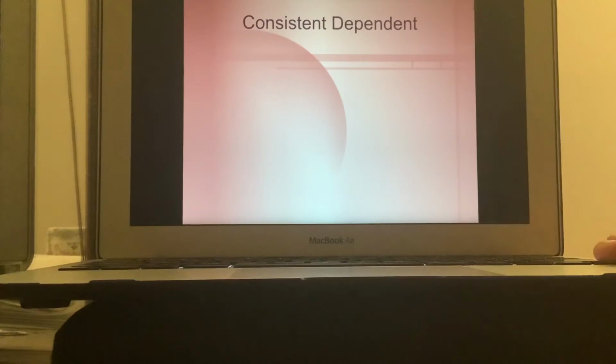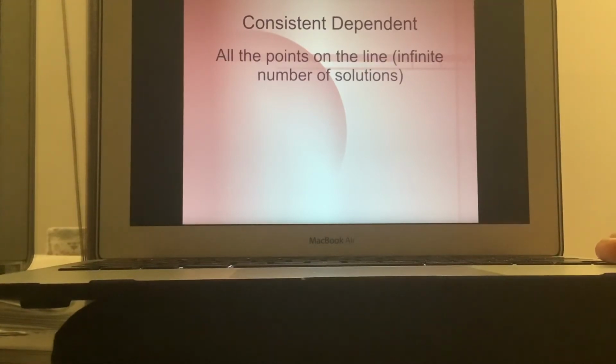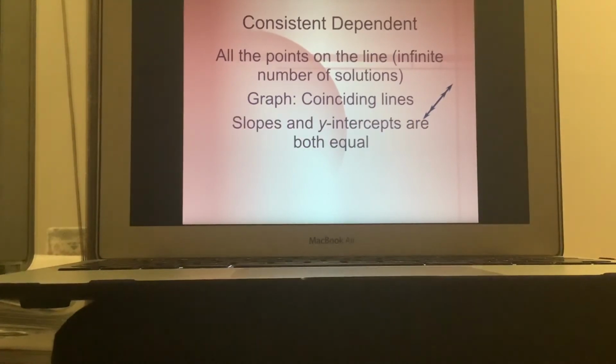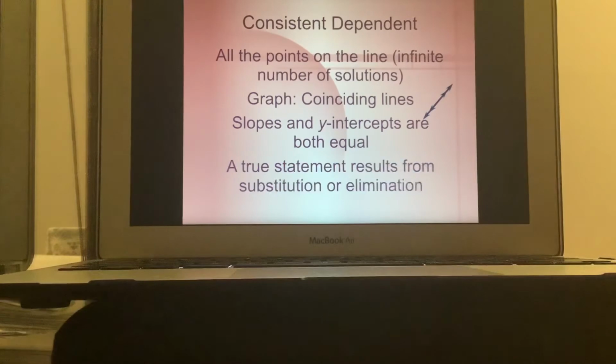Consistent dependent means that all the points on the line are solutions, an infinite number of solutions. The graph, the lines are coinciding. That means they're on top of each other. The slopes and the y-intercepts are equal, and a true statement results from substitution or elimination.